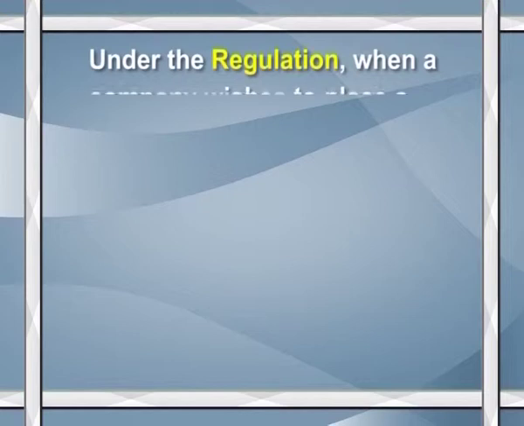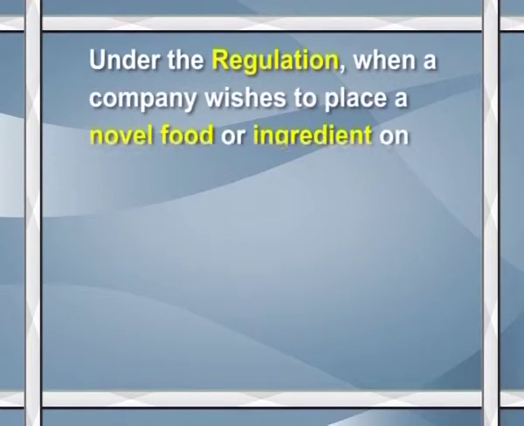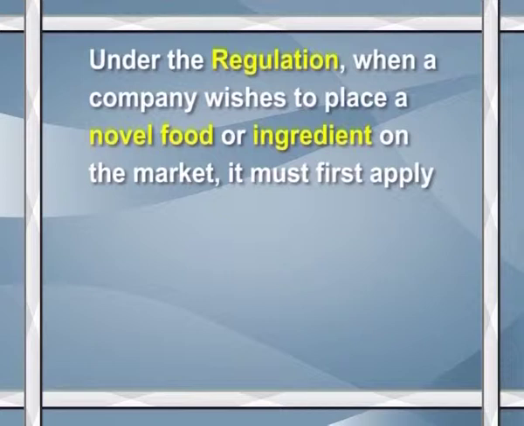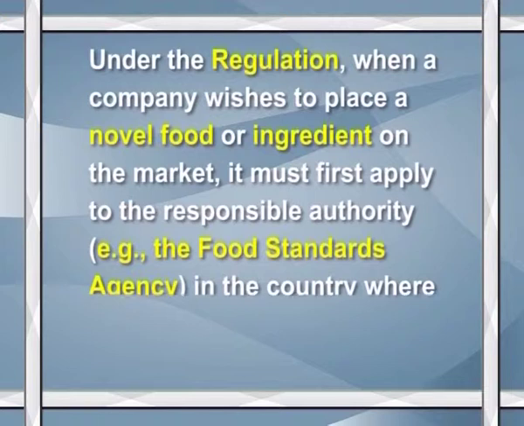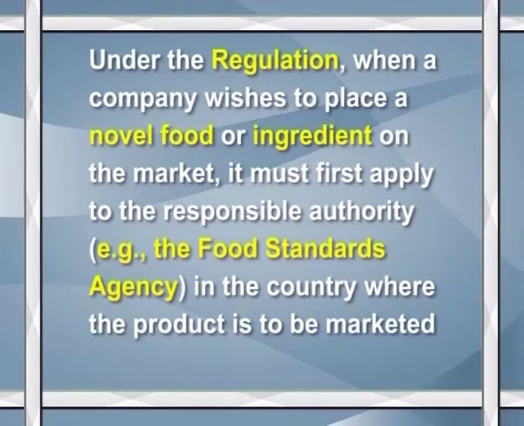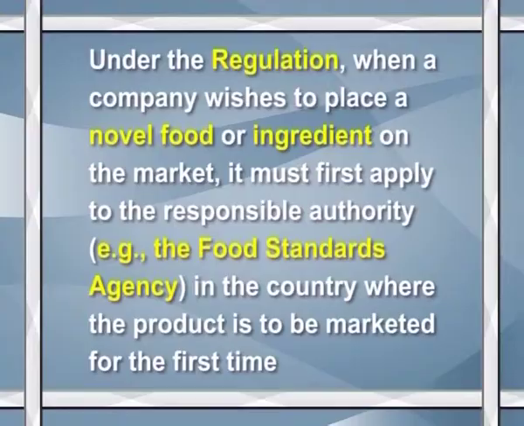It is not presented in such a way as to mislead the consumer and does not differ from a food or ingredient that it replaces in such a way that its foreseeable consumption is nutritionally disadvantageous to the consumer. Under the regulation, when a company wishes to place a novel food or ingredient on the market, it must first apply to the responsible authority, for example, the Food Standards Agency in the country where the product is to be marketed for the first time.